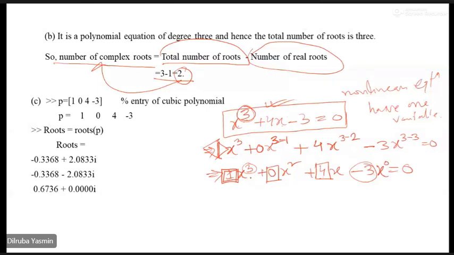So you have to take the coefficients of the variables starting from the maximum power of the variable, decreasing by 1. So you can store these coefficients in a name, suppose p. You can store them like this: 1, then a space, then 0, then a space, then 4, then a space, then -3.